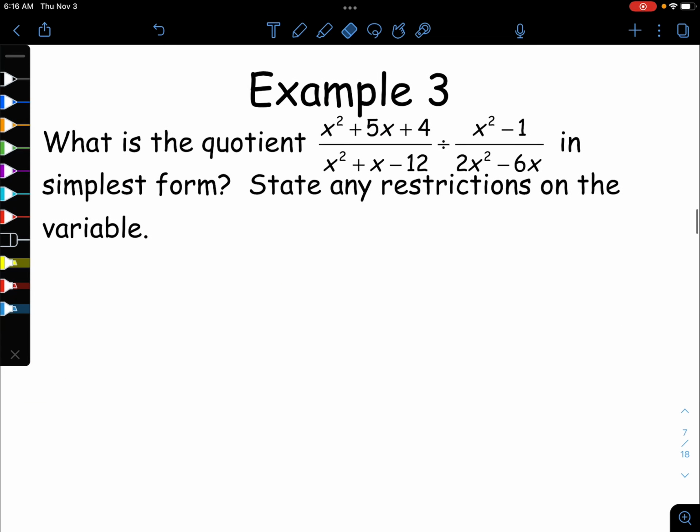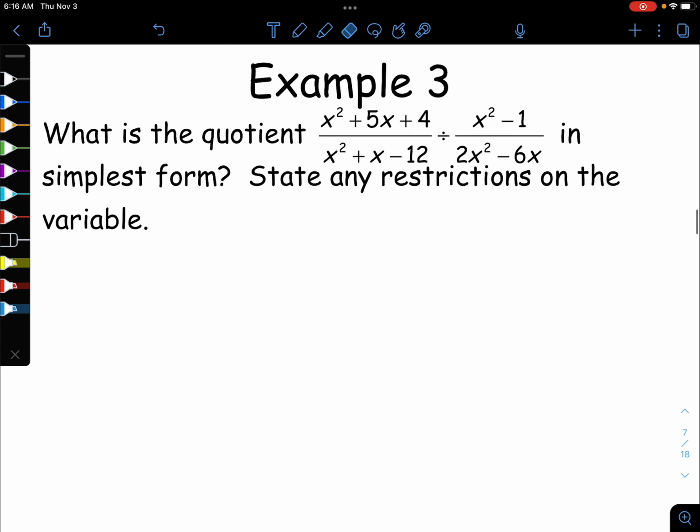And last thing here, division. So quotient, since we did dividing polynomials, we're gonna take a break from that for a little bit and then come back to it later on at the end of this chapter. So quotient, remember in math 2 it was stay, change, flip. Stay, change, flip.